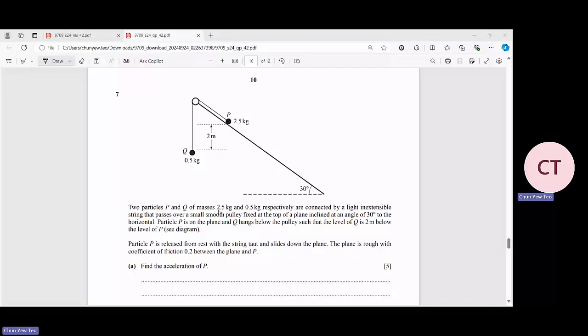Okay, now we take a look at question number 7. Two particles P and Q of mass 2.5 kg and 0.5 kg respectively are connected by a light inextensible string that passes over a small smooth pulley fixed at the top of a plane inclined at an angle 30 degrees to the horizontal.